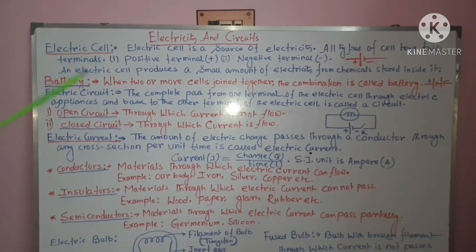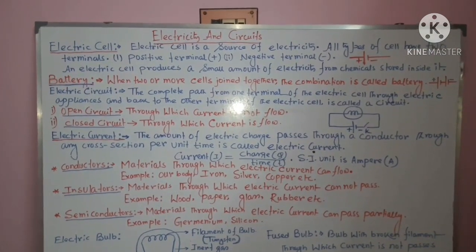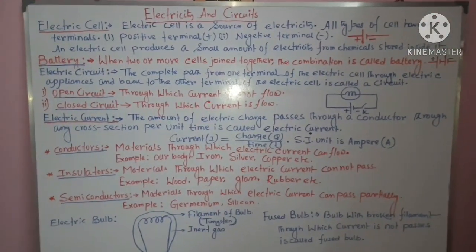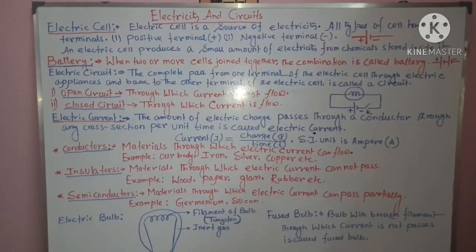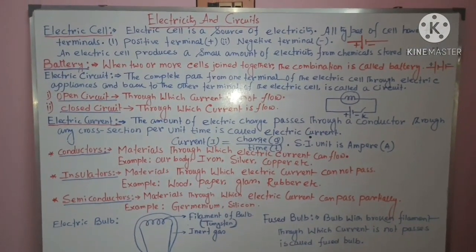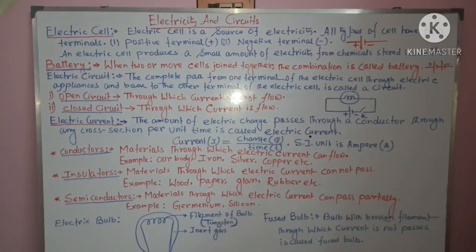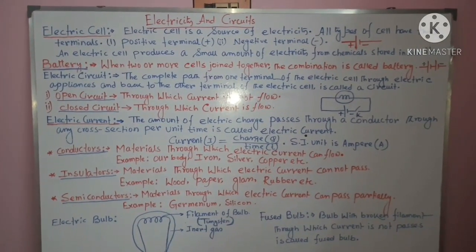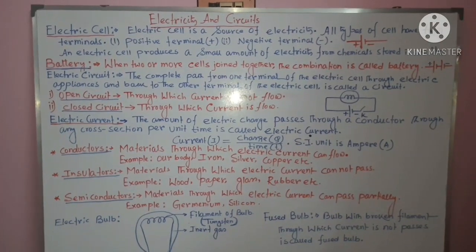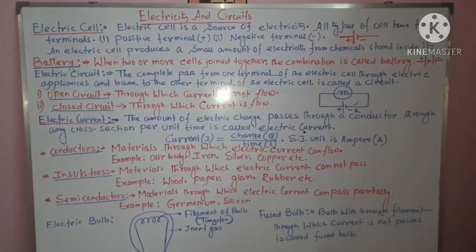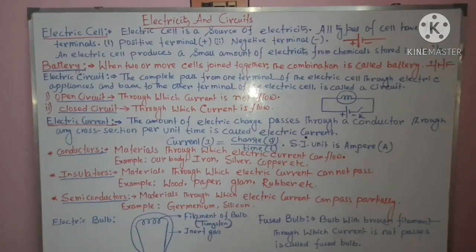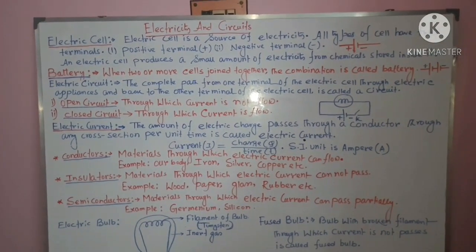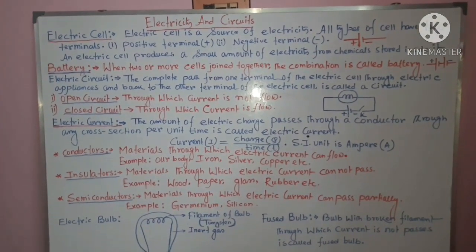So after knowing the idea of open circuit and closed circuit, you have to know what you mean by electric current. To know about the electric current, first you have to know the concept of electric charge. What do you mean by electric charge? Charge is the property of a body due to which between two charged bodies there is an electrostatic force of attraction or repulsion.